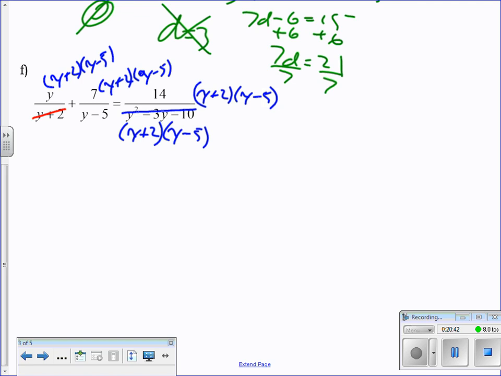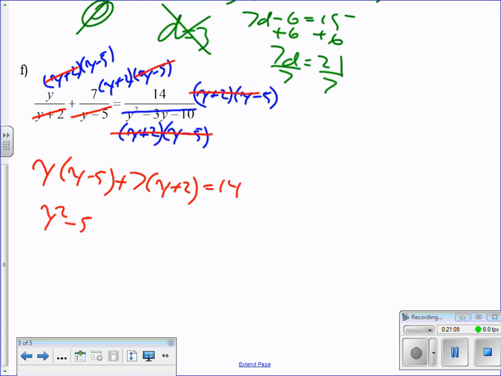So y plus 2's cancel. And I get y times y minus 5. My y minus 5's cancel each other. Plus 7 times y plus 2. And here everything cancels and I get equals 14. So far so good. Distribute.